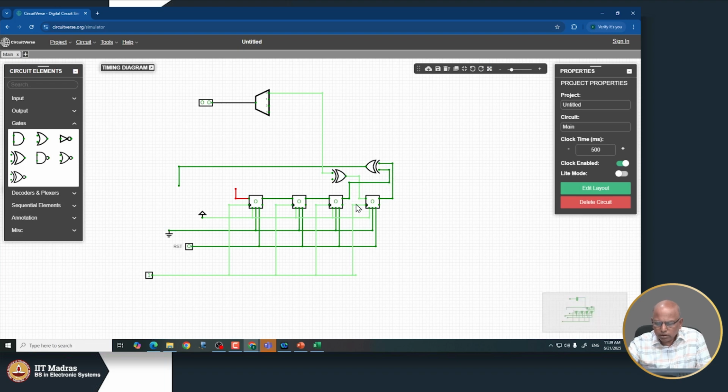Is that clear? So I'm taking the XOR of these two bits. That will go everywhere. The 0th bit I am XORing with this guy over here and feeding it.